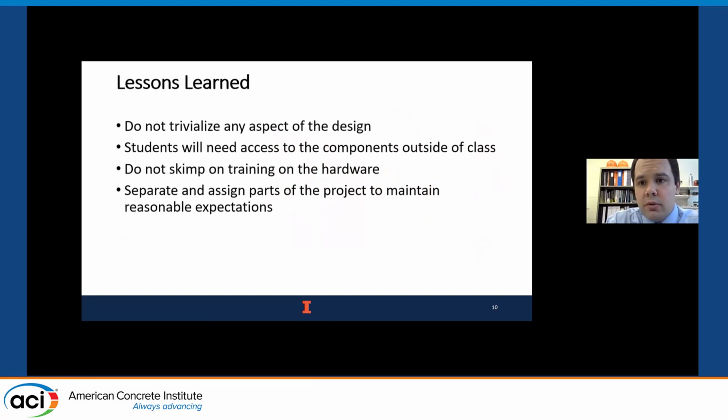So the lessons learned: none of the authors have a full working concrete 3D printer that we actively work with every semester in our classes. Instead, we've broken it off into several different aspects, and we can focus on those aspects and not trivialize them.